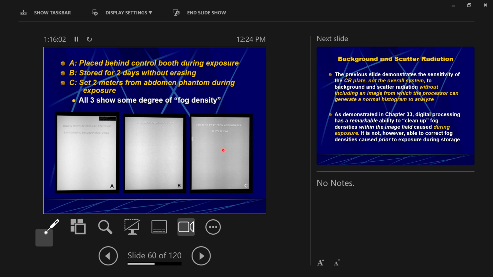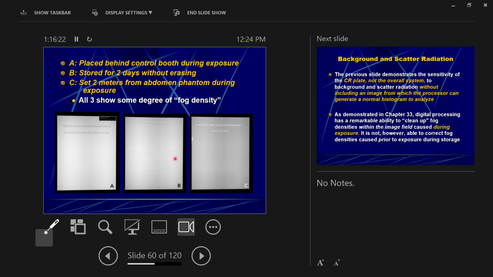So plate A is like normal plates are, almost nothing, nearly no detectable exposure. Plate B, 2 days without erasing, a little darker. And plate C was exposed to scatter radiation, so it's a lot darker, 6 feet from the patient.